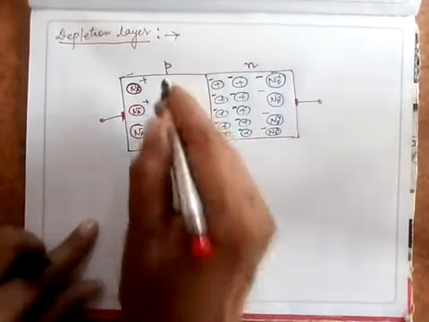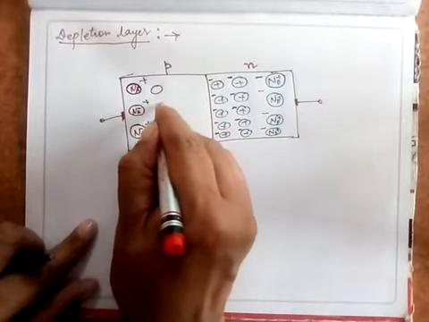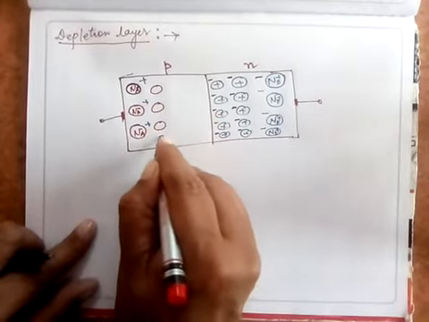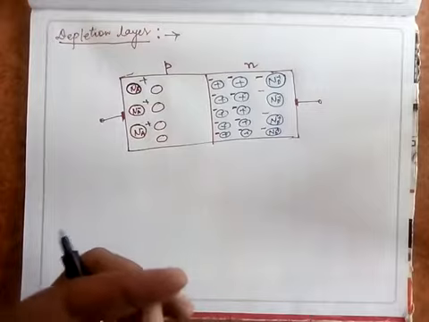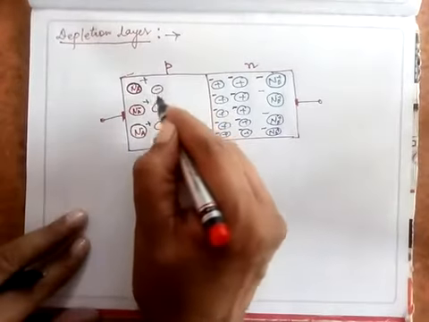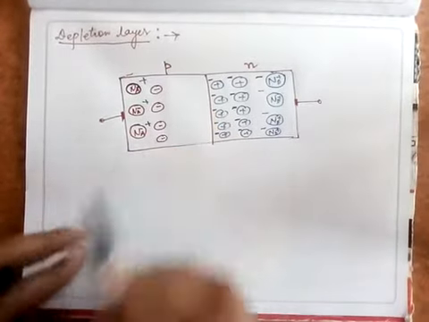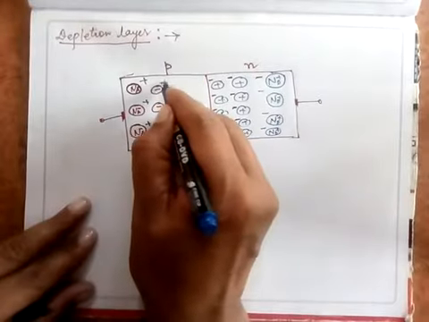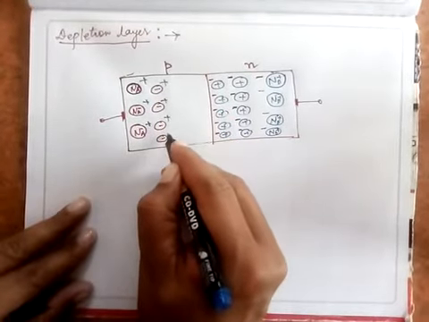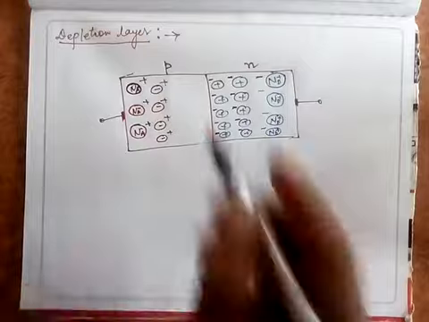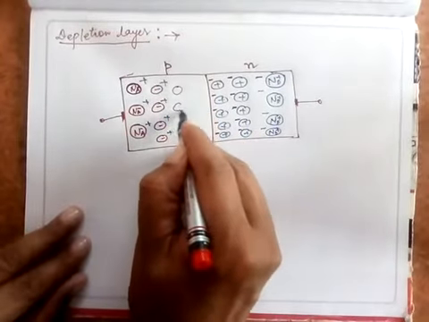Similarly, now I am showing these by negative ions. These are negative acceptor ions. Remember that these are negative acceptor ions, and every acceptor ion releases a hole. Let me show other ions.